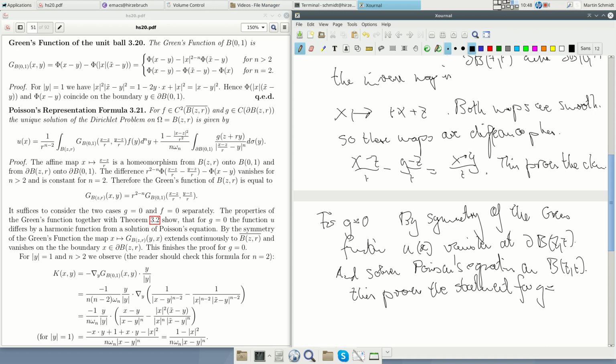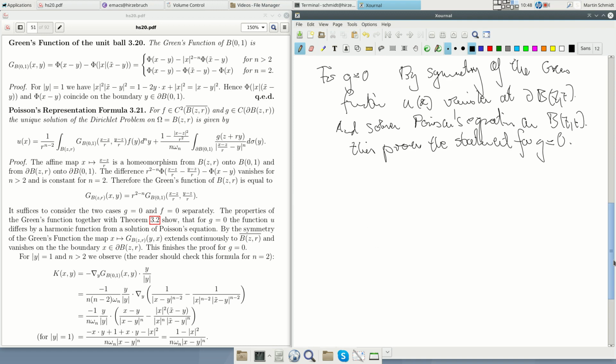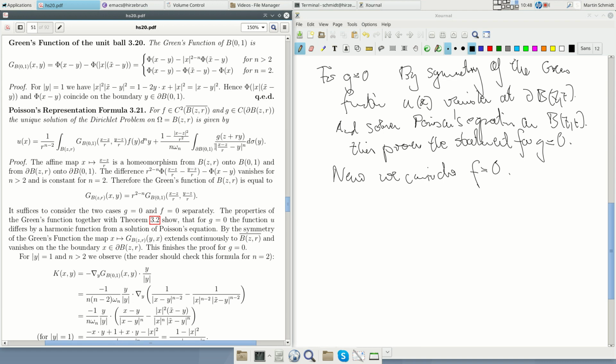for g equals 0. Now we consider this situation f equals 0. Then we only get the second term.